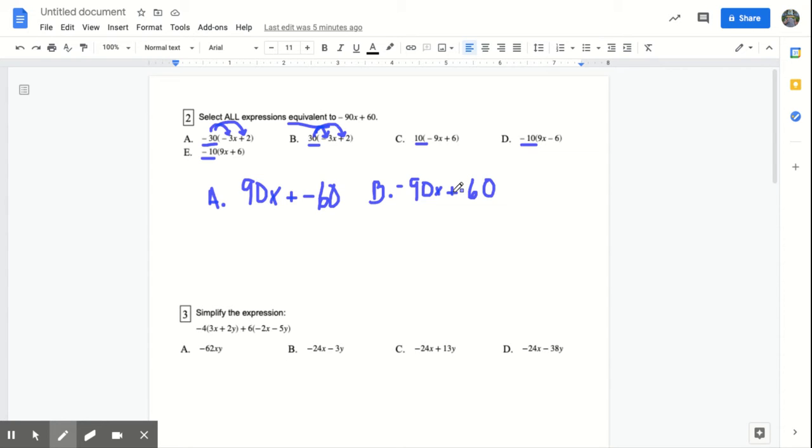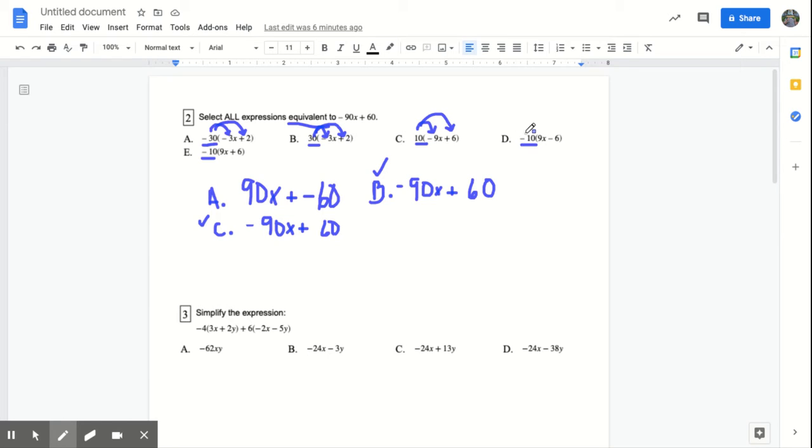The plus sign stays the same in between because there was a plus sign in between the two numbers in the parentheses. This one actually does work. Letter C. 10 times negative 9x is negative 90x. And then 10 times 6 is 60. There's another one that works.